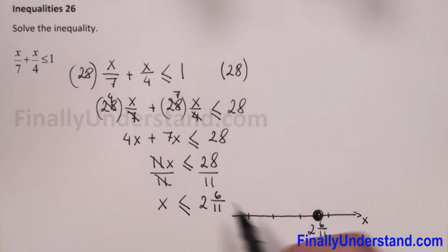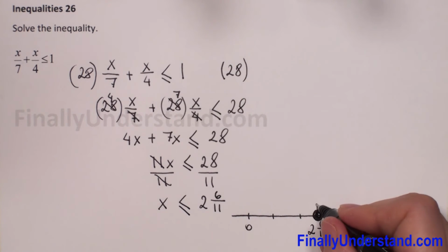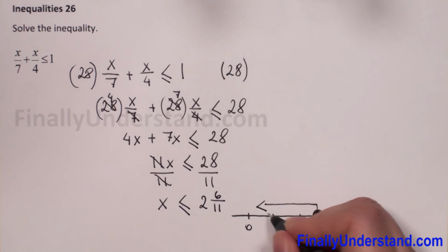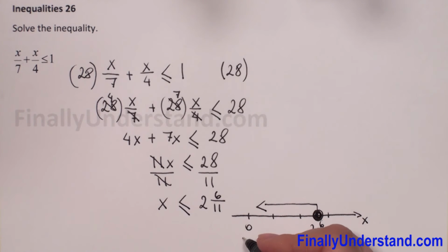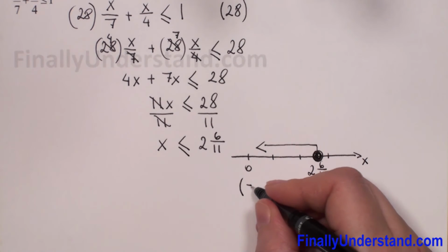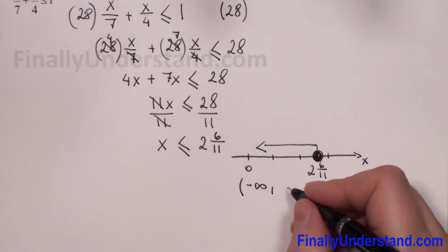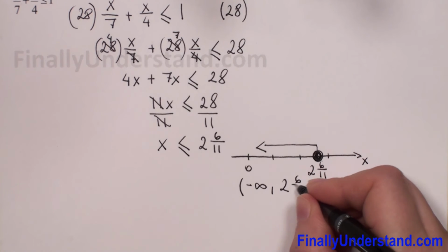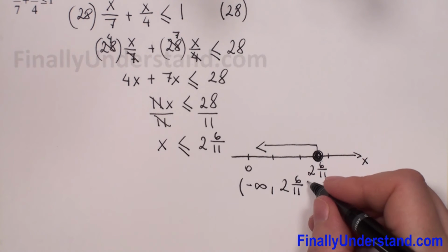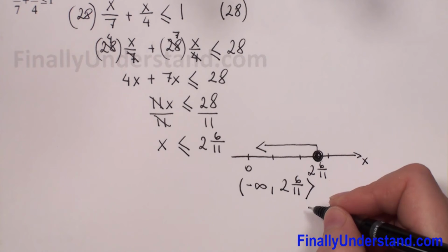And because x has to be less, we have to go to the left side, to negative infinity. So we have the interval from negative infinity to 2 and 6 over 11, closed on the right side.